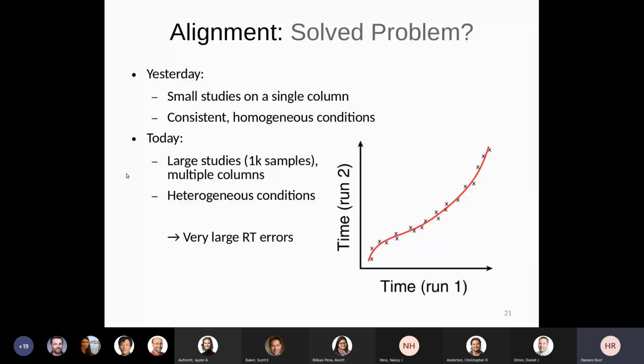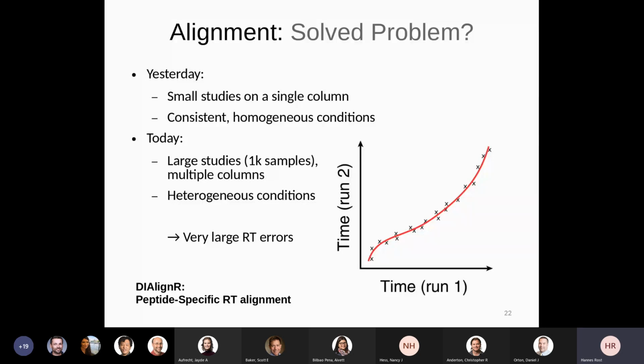But as soon as we started moving towards large-scale studies with 1,000 proteomic samples or more that had to be run on multiple columns or even multiple instruments, we realized that actually the algorithm that we had developed was not sufficient anymore, and specifically would not be able to work under extremely heterogeneous conditions that would introduce very large retention time errors.